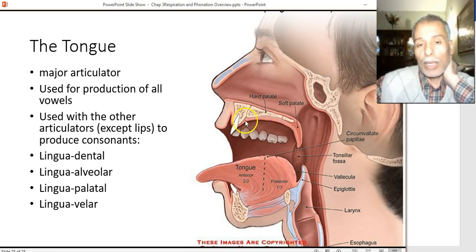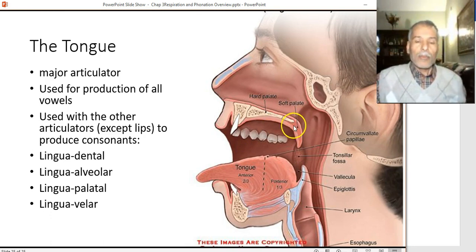You can put the tongue against the alveolar ridge to make these alveolar sounds, n, s, z, t, d, l. And you can bring the tongue tip close to the beginning of the hard palate. And that's going to give you the palatal sounds, sh, j, and ch, as in chair.